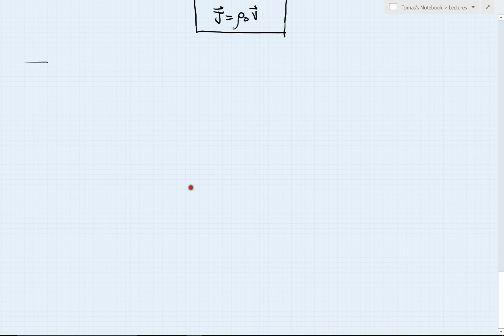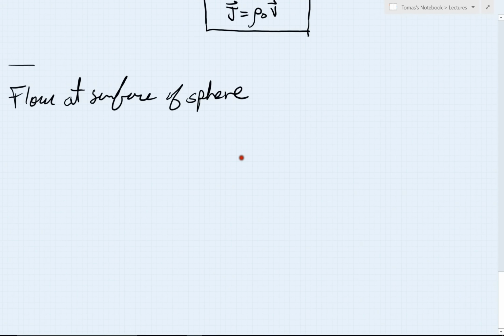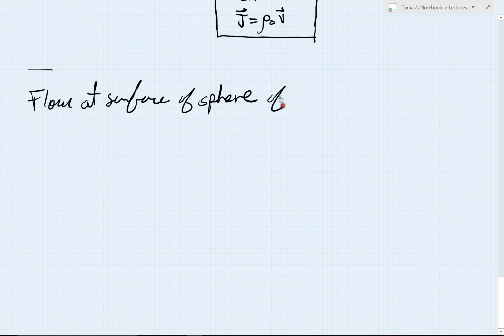Let's think about the flow at the surface of a sphere of radius r from a point source of current I.